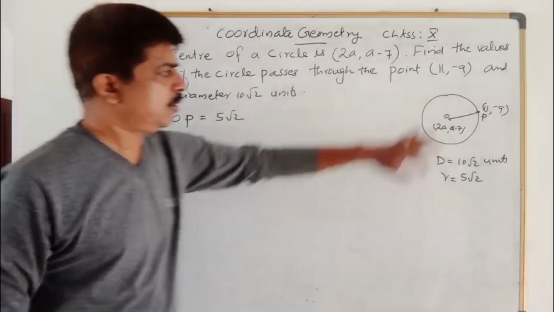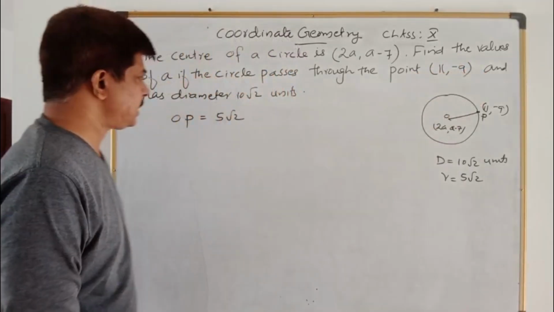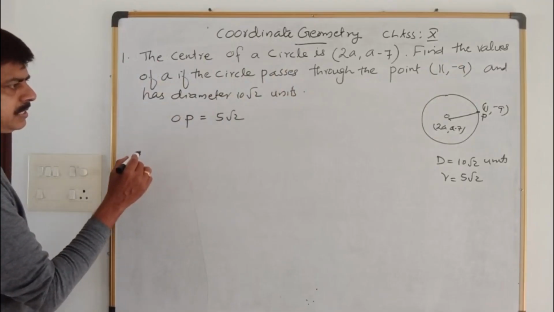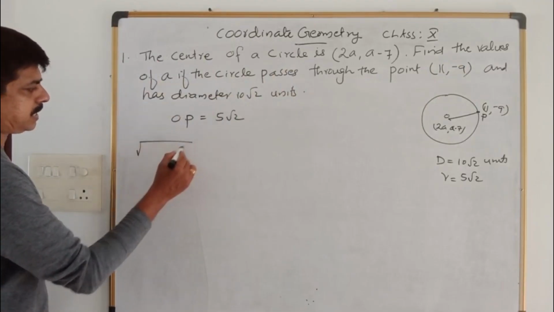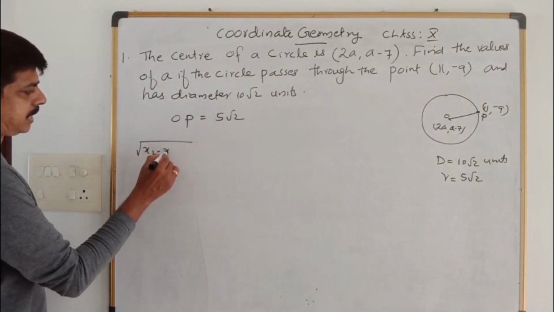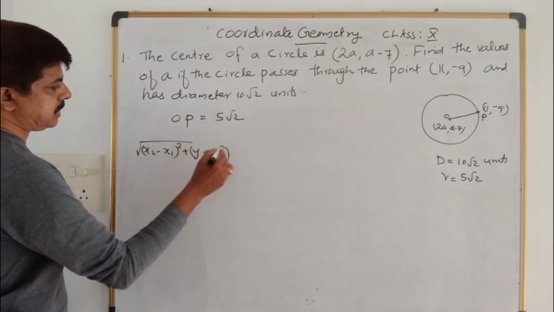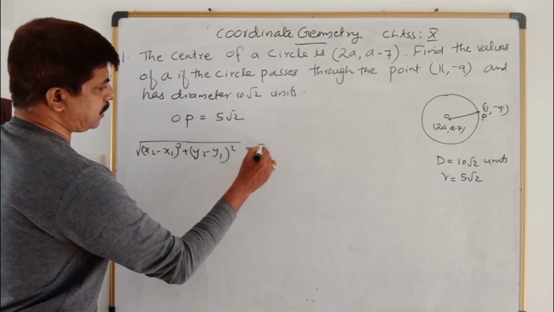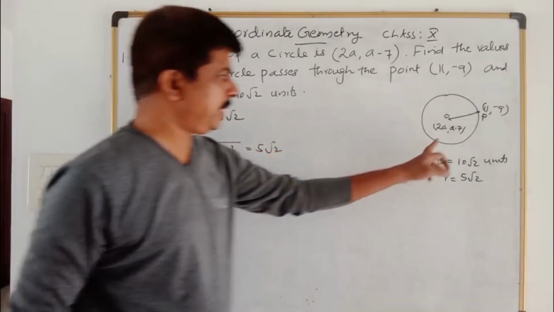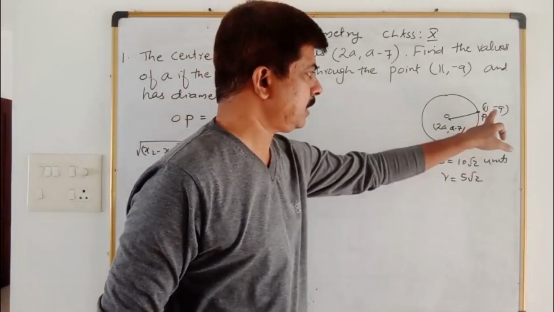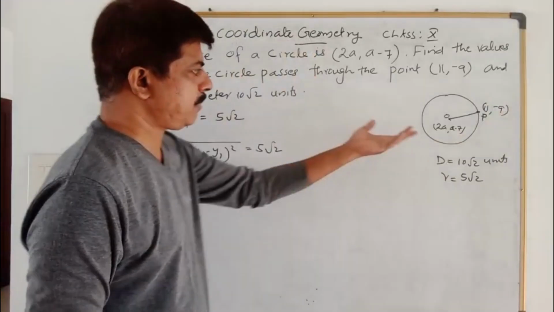OP is the radius, right? So we will be using the distance formula: square root of (x2 minus x1) whole square plus (y2 minus y1) whole square is equal to 5 root 2. Let me take this as (x1, y1) and this as (x2, y2), or it can be changed also.